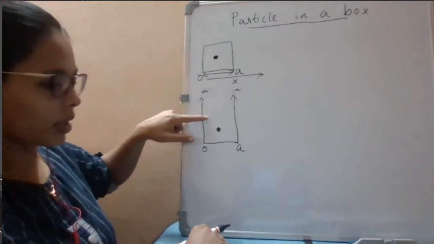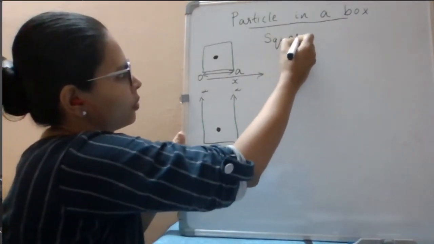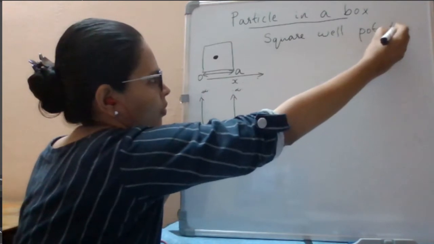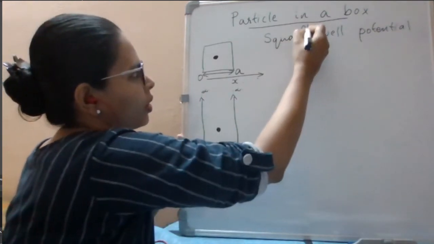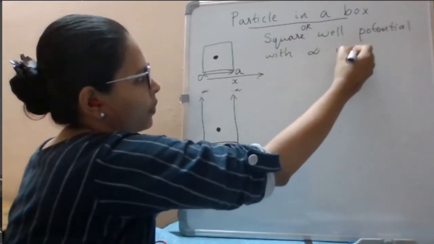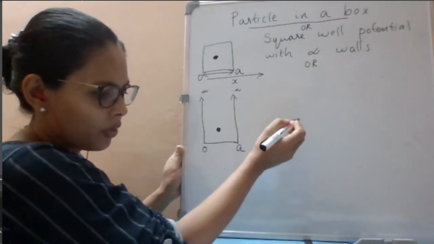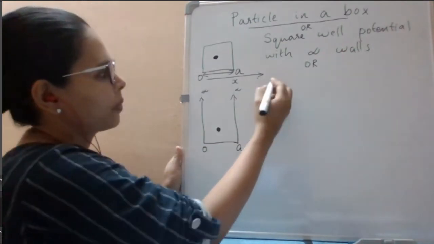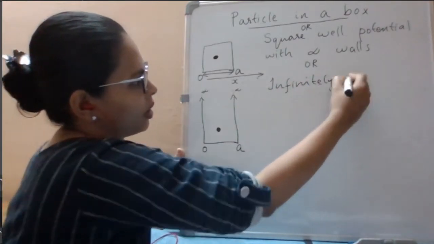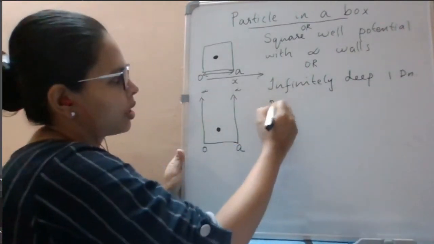We can also call this square well potential, again, square well potential with infinite walls, again one-dimensional infinitely deep potential well, infinitely deep one-dimensional potential well.